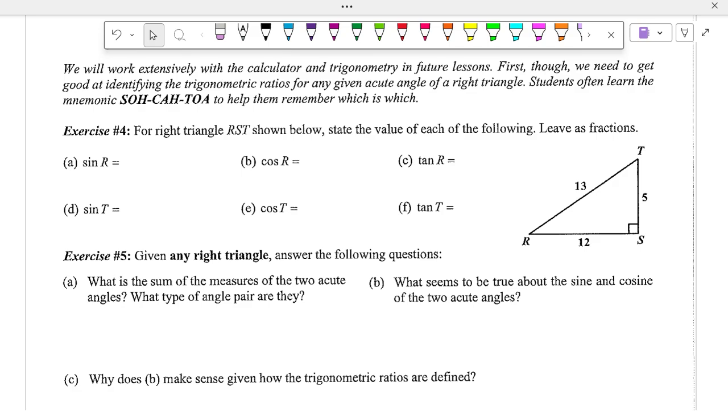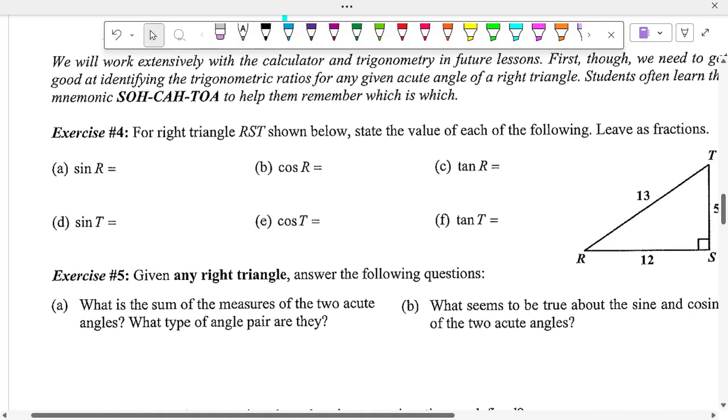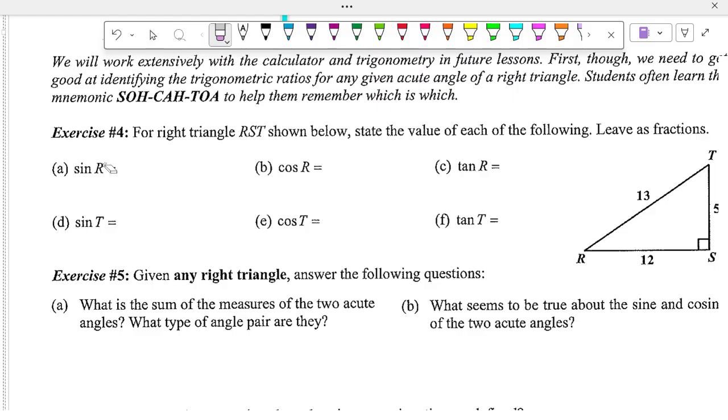So letter A of exercise 4. What's my reference angle? R. In other words, whatever is labeled next to your trig designation, so sine, cosine, tangent, that's your reference angle. So I'm using R as my reference angle.